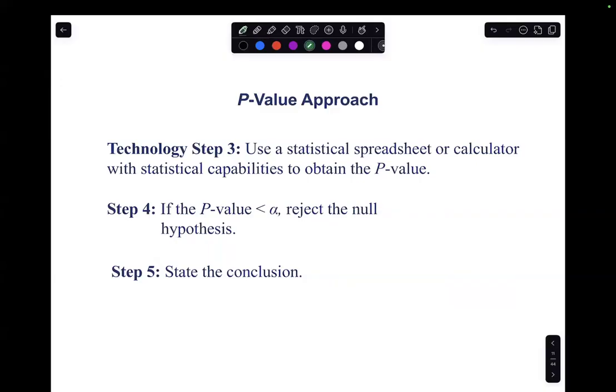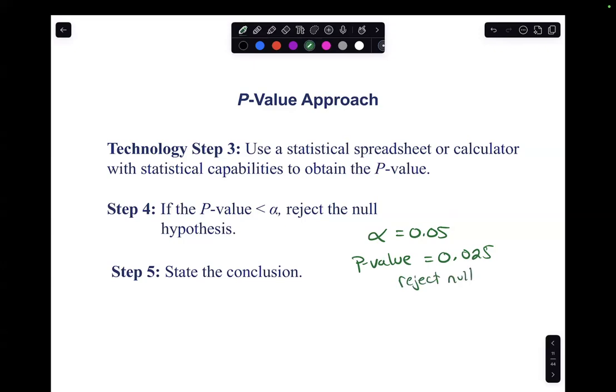So important here, the way that you can tell using the p-value if we reject the null is if our p-value is less than our alpha, we will reject the null hypothesis. Let's say that my alpha is 0.05, that occurs quite frequently. Let's say that my p-value was 0.025. That number is less than 0.05, so I would reject the null.